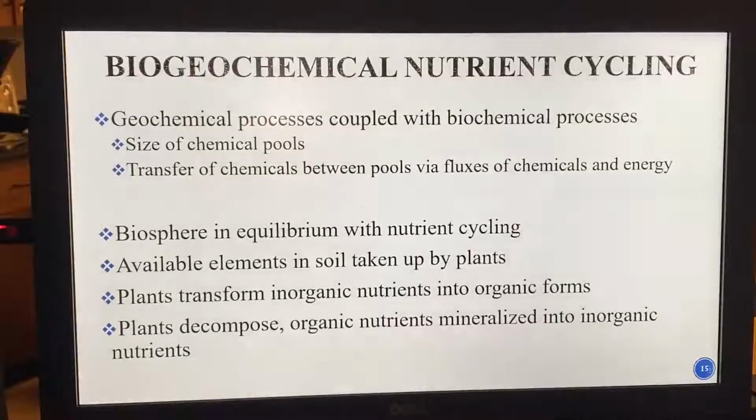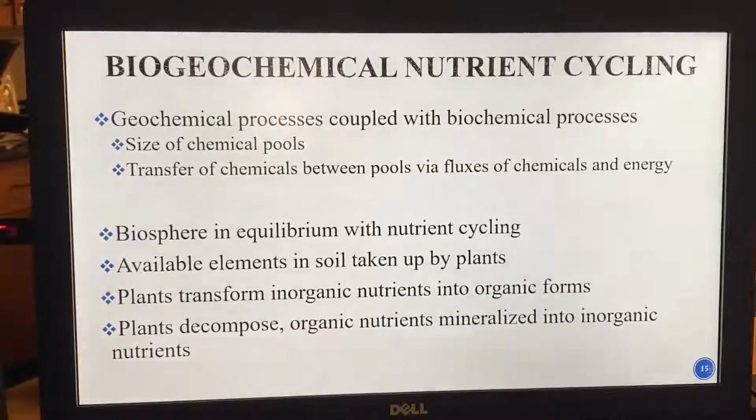Poorly dead plant. Right? Immobilization, mineralization.